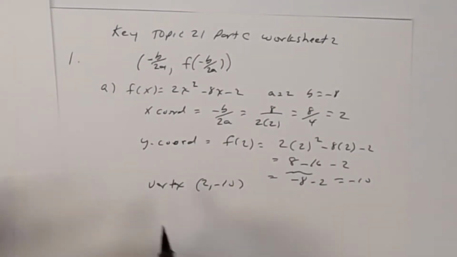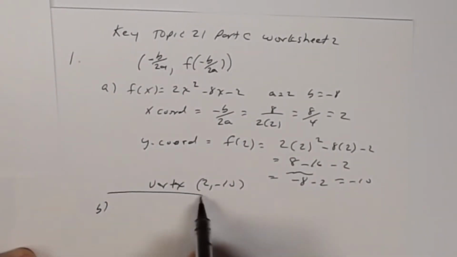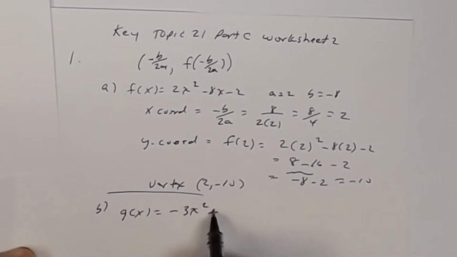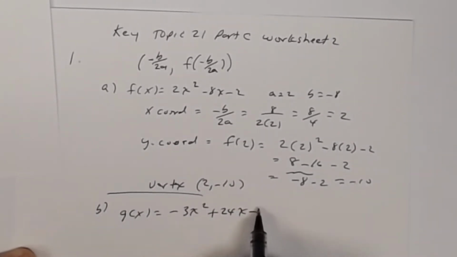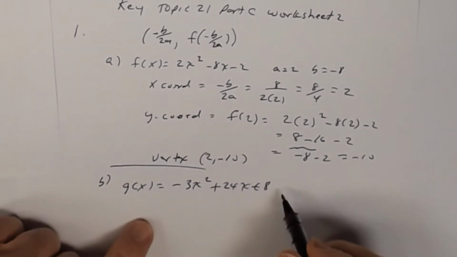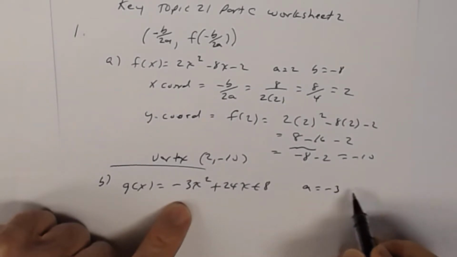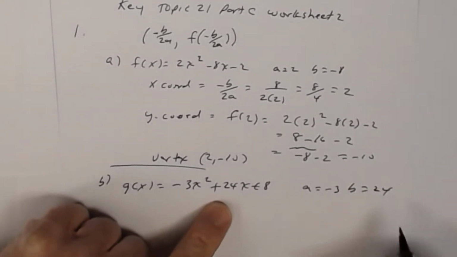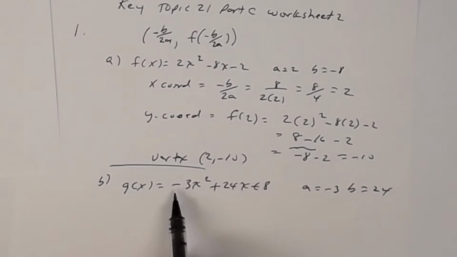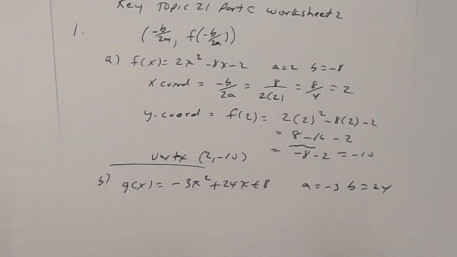All right, part B, our function this time is g of x is equal to negative 3x squared plus 24x plus 8. Again, you want to use the vertex formula. So we're going to need to know a, which is negative 3, and b, which is a positive 24. Remember, a is the coefficient of x squared, and b is the coefficient of x.